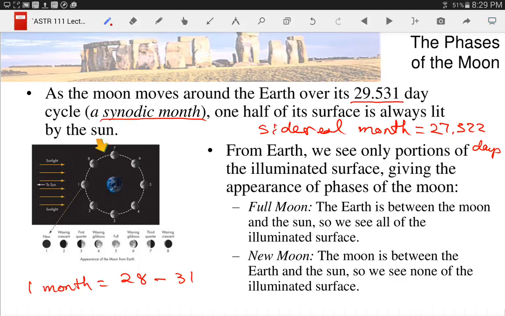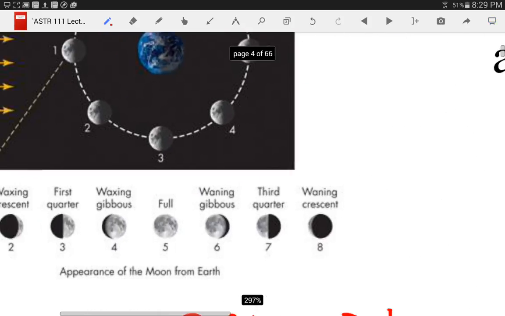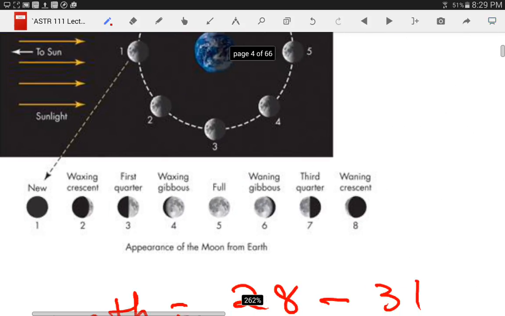Now, the names of the moons are somewhat important to know here. They're very logical. New moon means it's dark. Crescent is shaped like a crescent. Waxing means it's growing. Notice the waxing crescent is complete circular on the right if you're looking above the horizon.